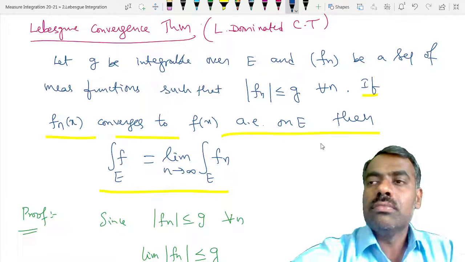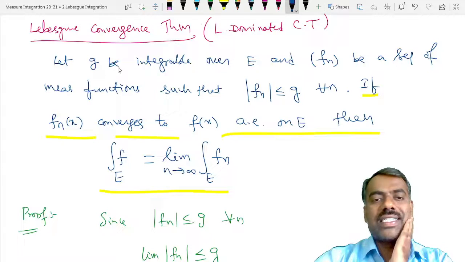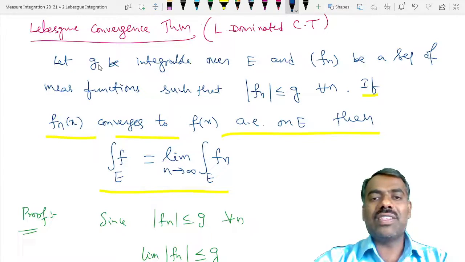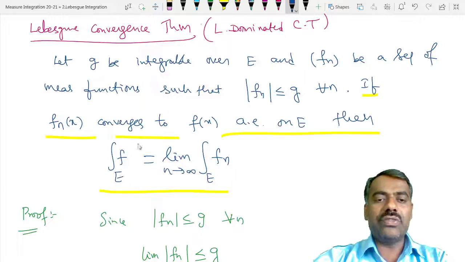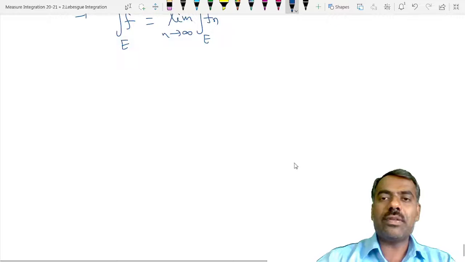Any doubt? No. Okay. Now this g also we can replace by a sequence of measurable integrable functions gn, or a sequence of measurable functions gn, such that fn is less than or equal to gn. Then also we get this. So we'll just state this statement. The proof follows the same way.